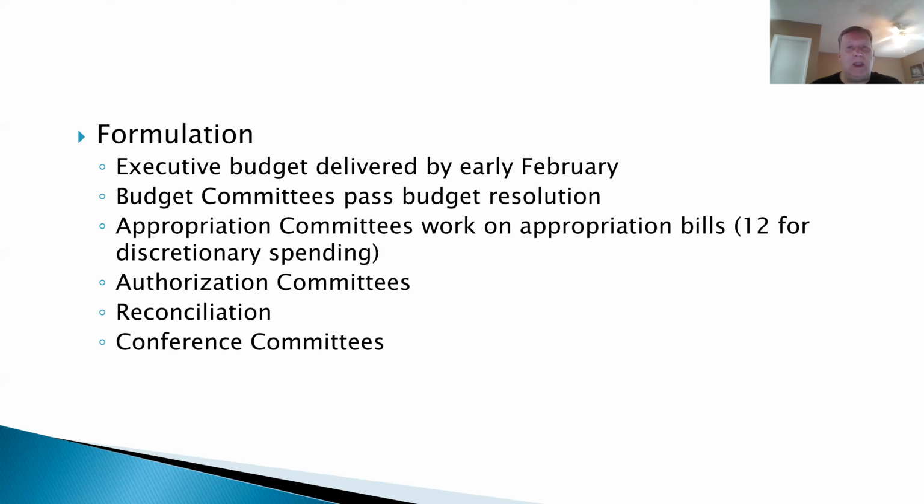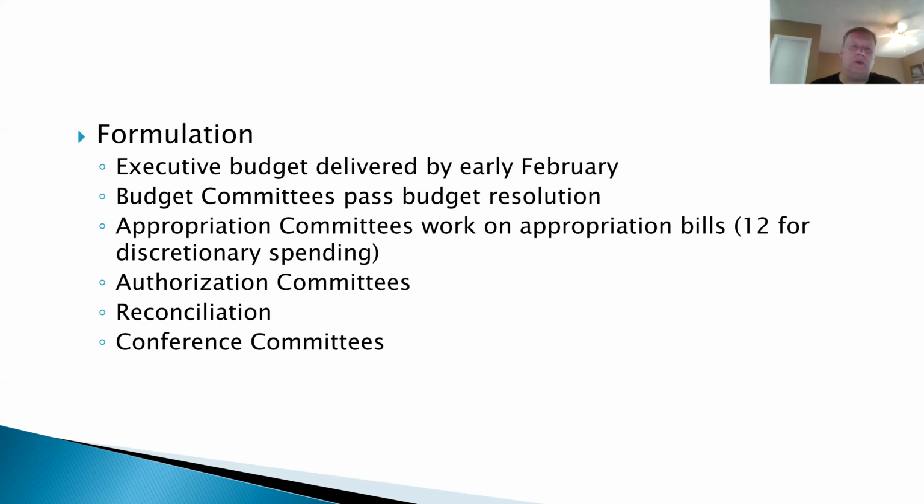So it sets these ceilings on the amount of money that can be spent in each one of those programmatic areas. The purpose for this concurrent resolution on the budget is obviously to try and impose some fiscal discipline on Congress throughout the formulation phase so that they have some hard caps in terms of the amount that they can appropriate in each one of those areas.